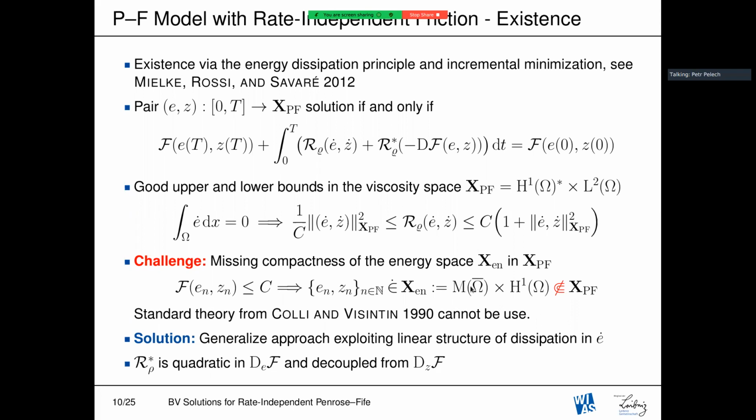But the good point here is that the equation for E is linear. So this we could use, and then using a Minty trick kind of argument, the existence follows. Of course it was important that it was quadratic and also decoupled properly. So this is the first result we have.